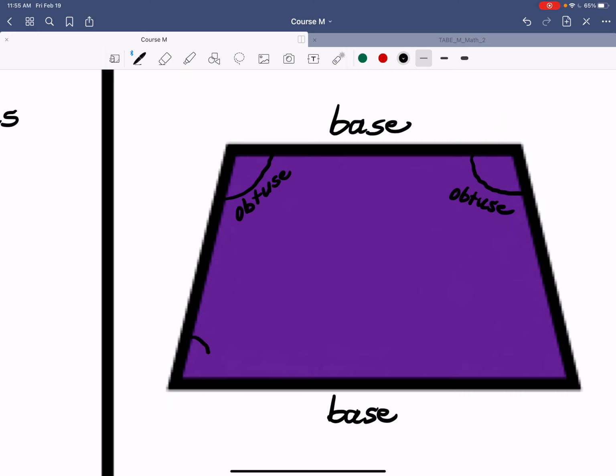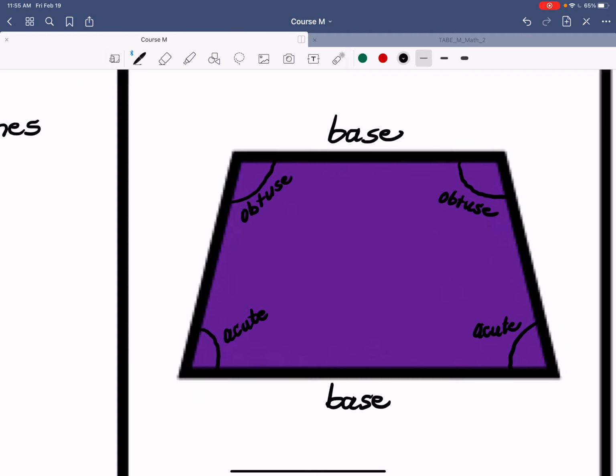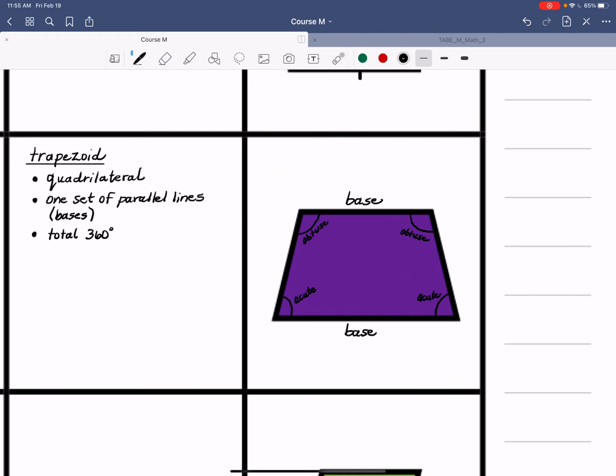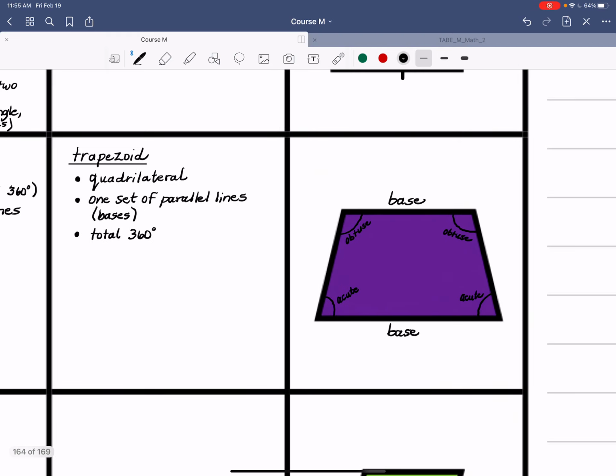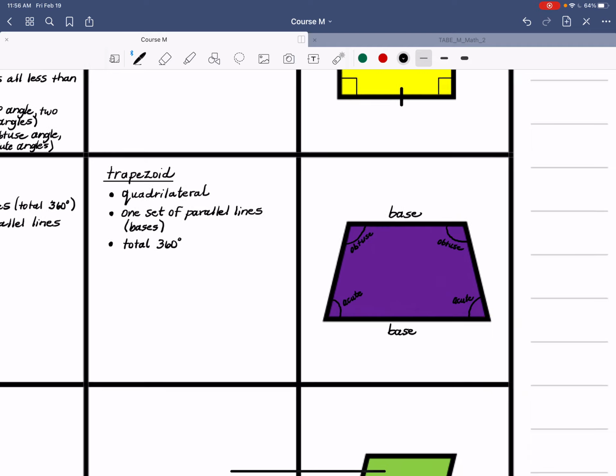And then you have a cute little angle down here, less than 90, and an acute angle right here. So in this particular trapezoid, you have 2 obtuse angles and 2 acute angles. That won't always be the case. Sometimes you can have a right angle, but this one they will add up to 360.